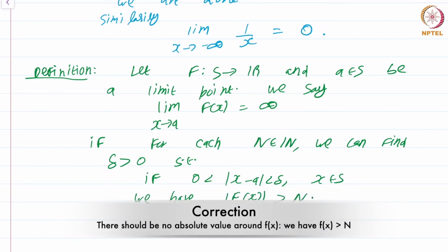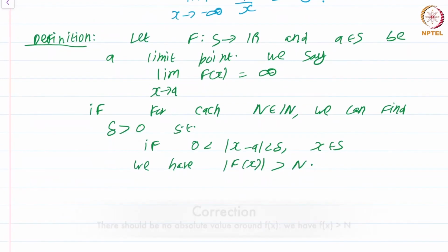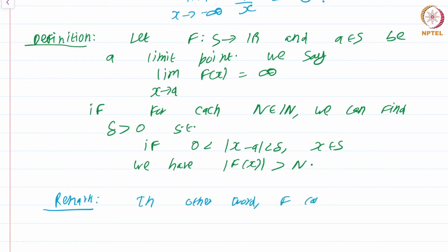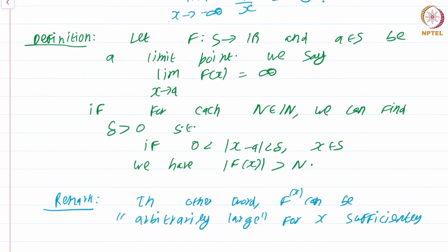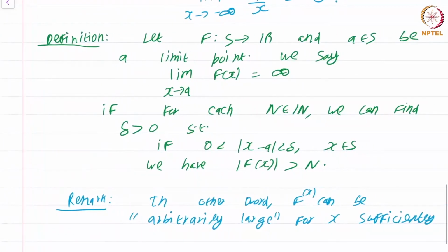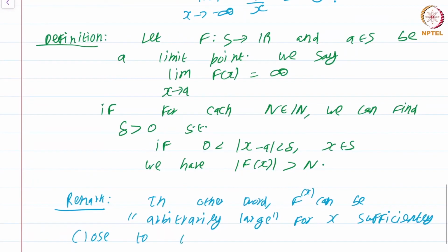Okay. In other words, let's make a remark. This definition is fairly easy, but this remark is nice and expressive. In other words, f can be made arbitrarily large for x sufficiently close to the point a.